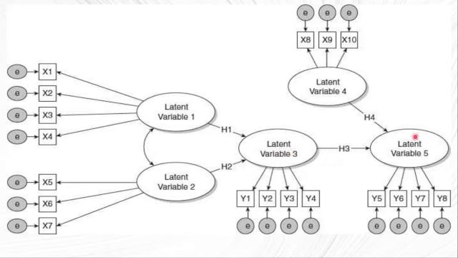These latent variables are always unobserved variables, and they are always indicated in ellipses in structural equation modeling, and the observed measures are always indicated in rectangular or square boxes, and arrows will also be indicated like this. So each latent variable of your study can be measured using such multiple indicators.